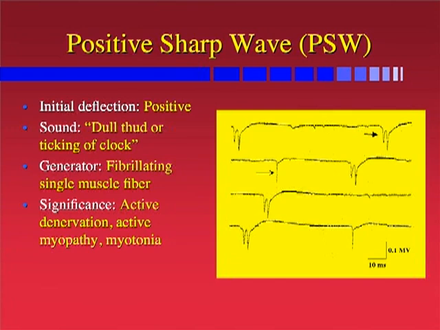Certainly, this is obvious in practice in that positive sharp waves are much more easily evoked by EMG needle movement than are fibrillations. In essence, the electrophysiological characteristics and clinical significance of positive sharp waves are identical to those of fibrillations. Watch and listen to positive sharp waves.